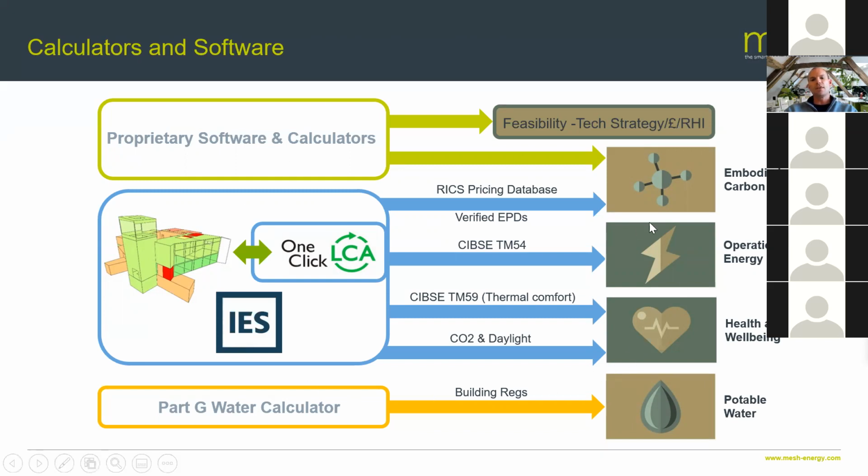And that is hugely, hugely powerful. We're getting quickly to a point where, to get accurate information about some of these sustainability areas, you need to start using software, and using it in a smart way that works with the team, is quick and efficient, and works with your design process.